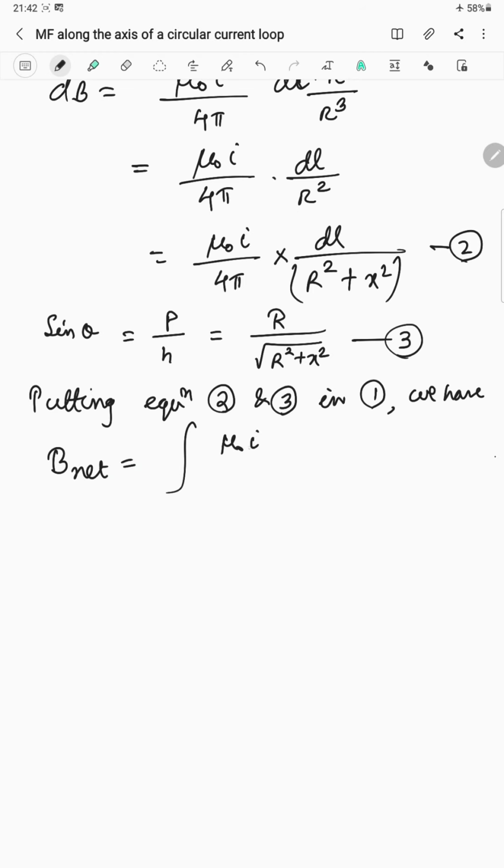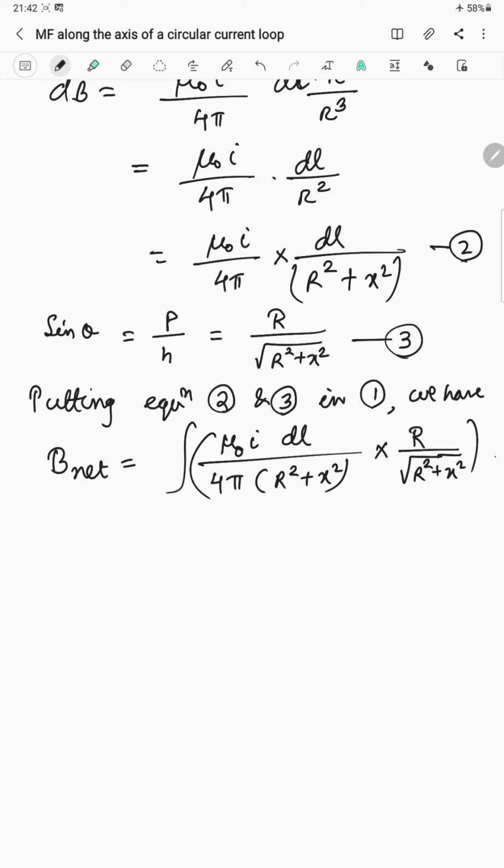Mu naught I dl divided by 4 pi into R square plus x square. Then what about the cos theta component? Sorry, sin theta. How much will be sin theta? R divided by root over of R square plus x square. So this I have to integrate.